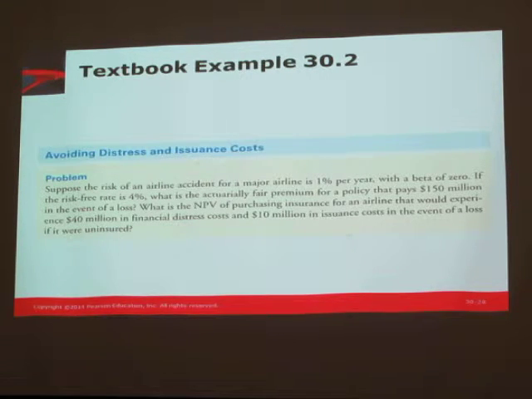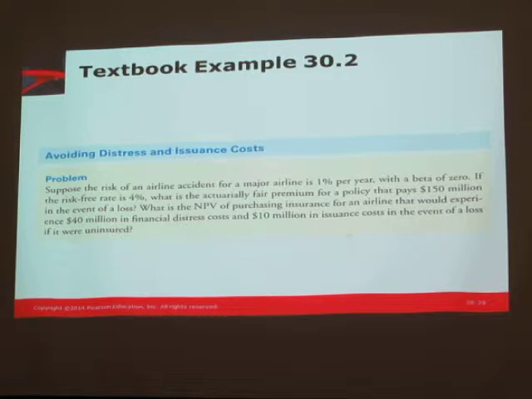The risk-free rate of what? 4%, right? Theta is 0. It is 0. And total payout is 150. And that's actually for a premium; the policy will pay 150, right? So we said we take the 150, 150 million, right?